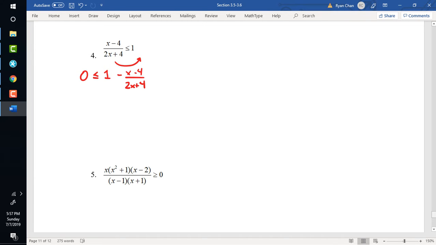Multiply top and bottom by 2x plus 4, so I have 2x plus 4 over 2x plus 4, because if I divide it, that's just 1. Combine this, and this will be x. Be very careful with this: 4 minus negative 4, that's a double negative, so it's plus 8.